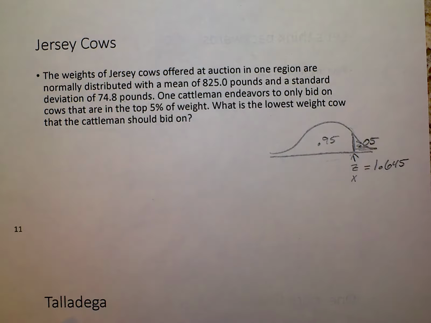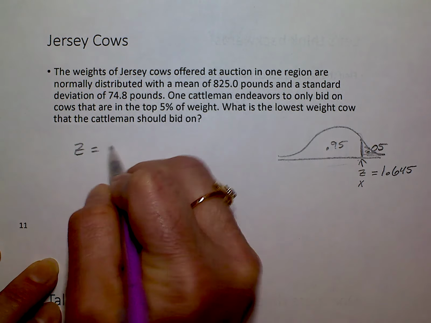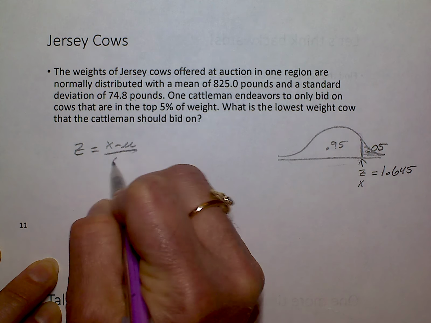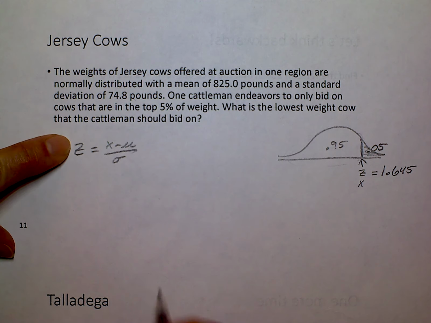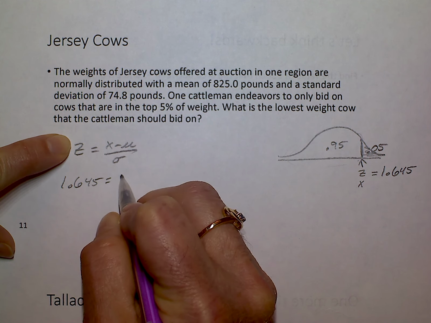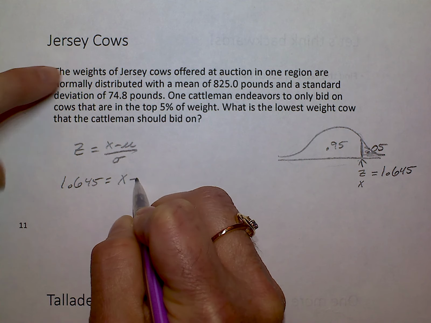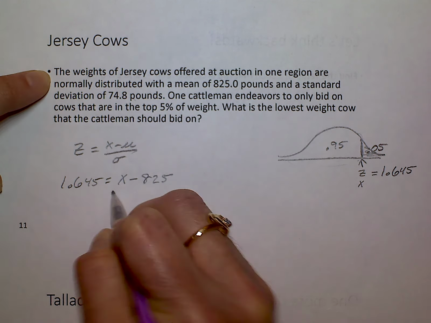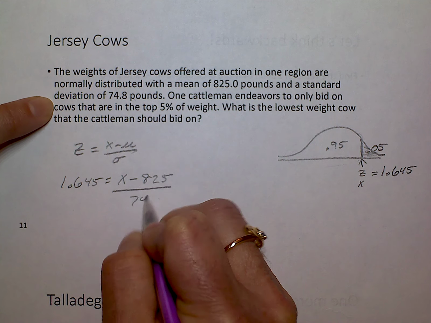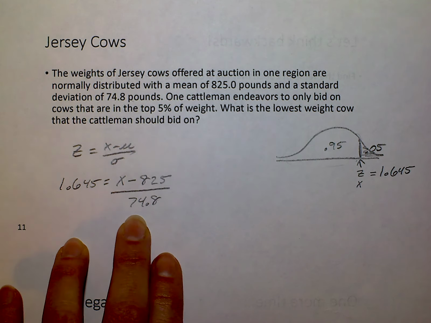I go halfway between. Now, remember our handy dandy formula, x minus mu over sigma? I know the z. It's 1.645. The x is the weight of the cow I want to find. Mu is 825. Sigma is 74.8. We are solving for x. Don't you love solving for x?